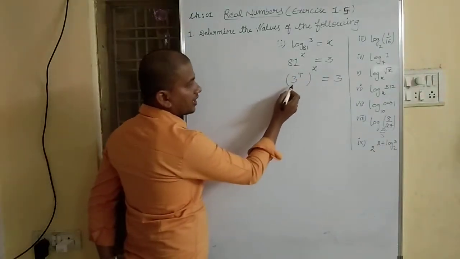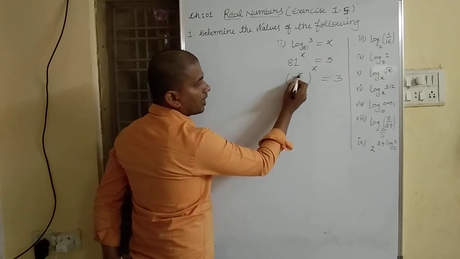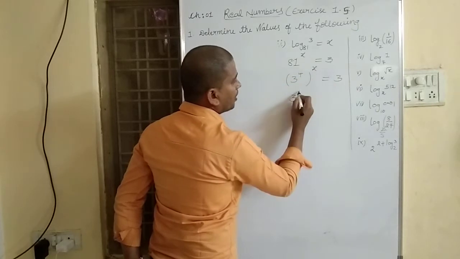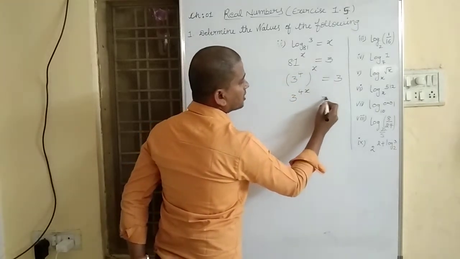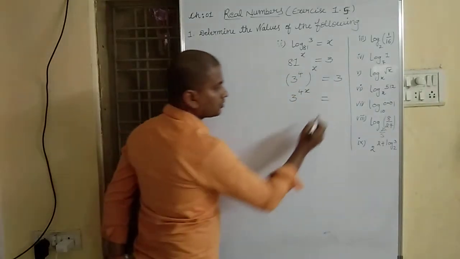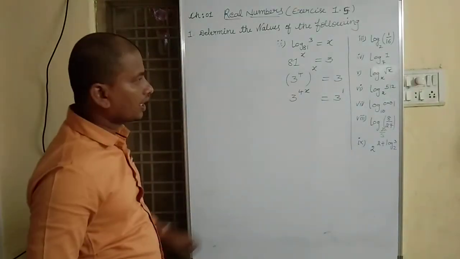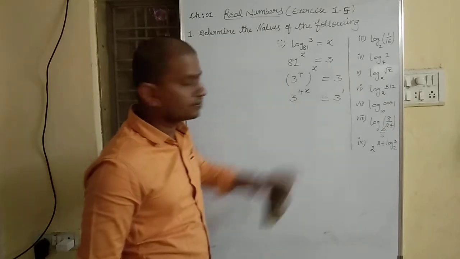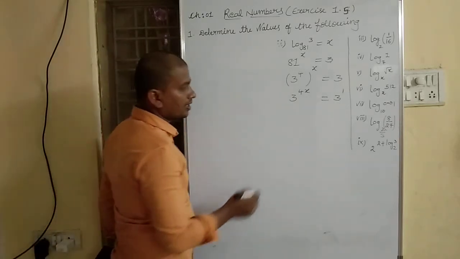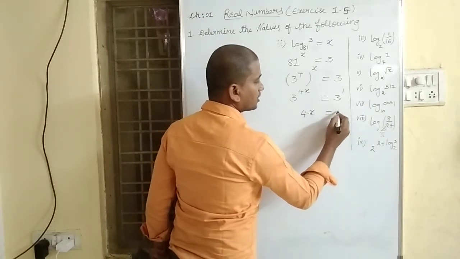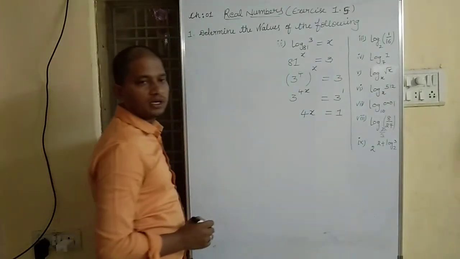Again, which is in the form of a power m whole power n, I can write as a power m into n. So 4 into x, 4x is equal to 3 power 1. Again, as bases are equal, I can equate the powers. Powers: 4x is equal to 1.